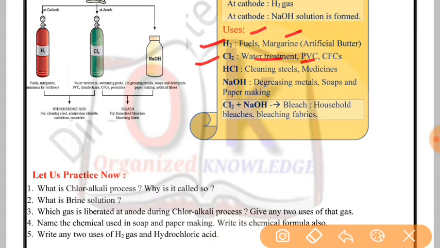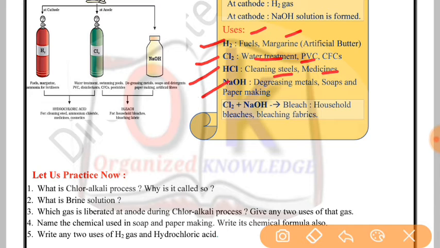PVC, polyvinyl chloride, which is a type of polymer, uses chlorine in its making. And again CFCs, chlorofluorocarbons, also use it. Next is hydrochloric acid. Hydrochloric acid is used in cleaning steel and it is used in medicines also.